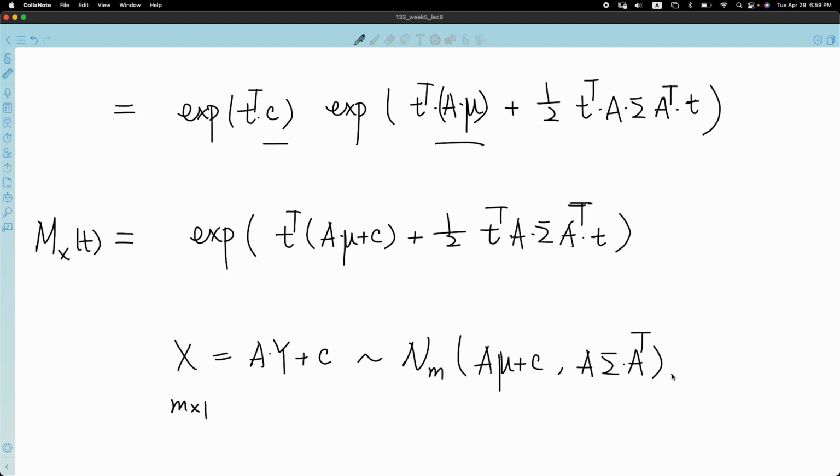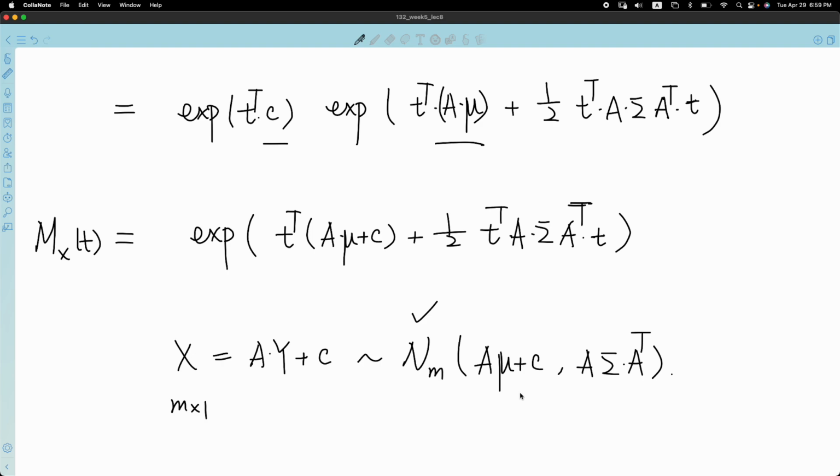Okay, so the conclusion here is that a linear transformation of a normal random variable is also a normal distribution. That's the first conclusion. You scale the variables by A and shift by c. The effect is also scaling the mean and shifting the mean.